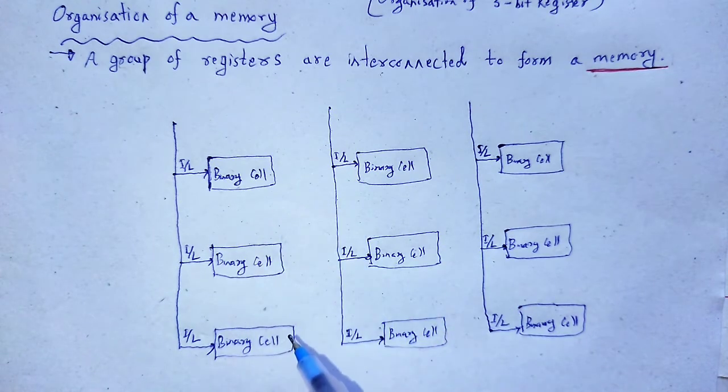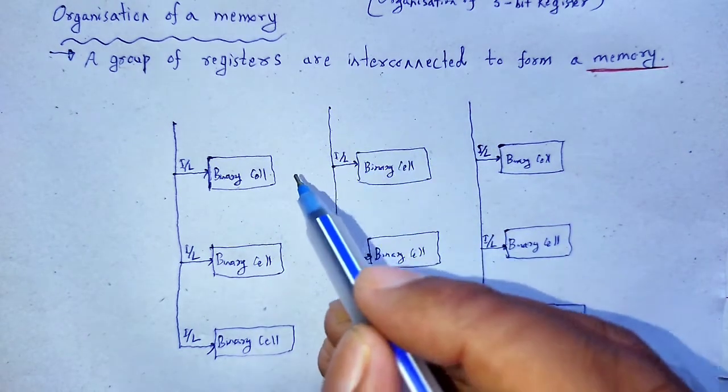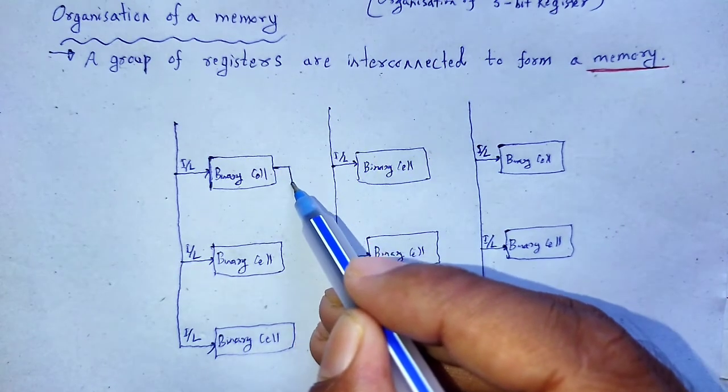Next, each has the output lines. Here are the output lines.